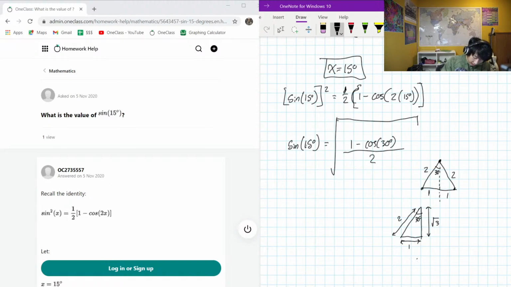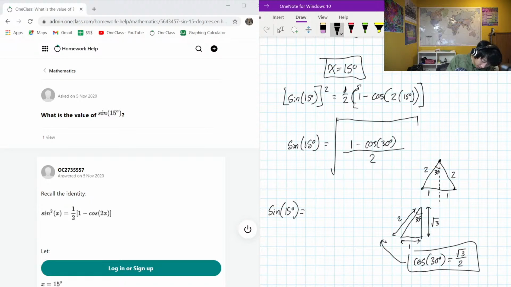We know that cos of 30 degrees has to be the adjacent over hypotenuse with SOHCAHTOA. So our adjacent in this case is root 3. Our hypotenuse is 2. So we could sub this into our equation up there. So sine 15 degrees is equal to under the root, 1 minus root 3 over 2, all divided by 2.